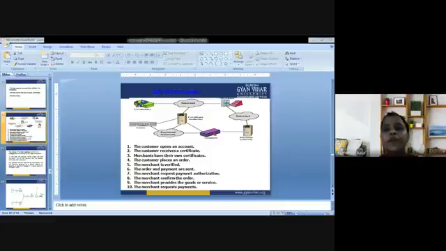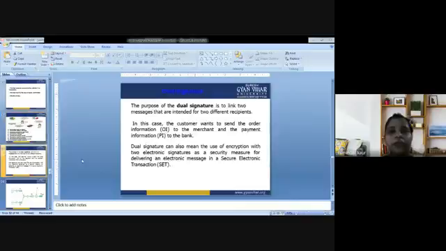So next we are supposed to discuss dual signature. So what is basically dual signature here? The dual signature, as the name implies, you can have a look at the same. What is the function of the dual signature? It is a concept that is introduced with SET, which aims at connecting two pieces of information that are meant for two different receivers.